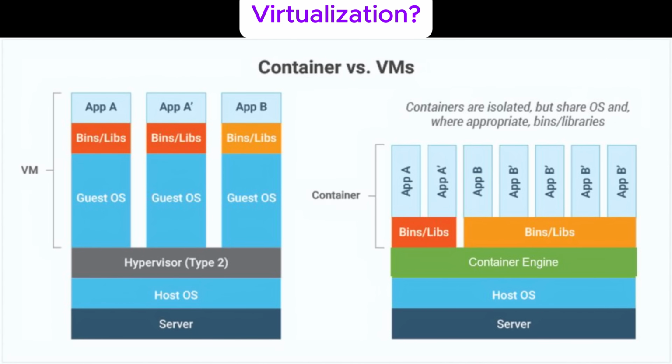But when we come to the approach of Docker and containerization, here in the right image you can see that there is only one container engine, and then you can share your binaries, your libraries, your dependencies with more than one application. Let's say you can see here we have two applications running, but with the same libraries and dependencies. Why?